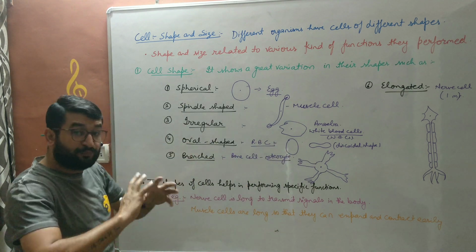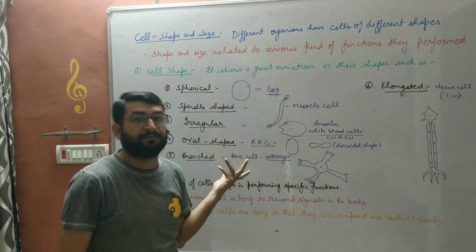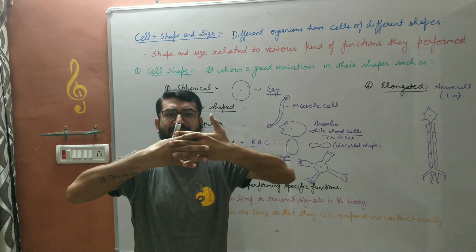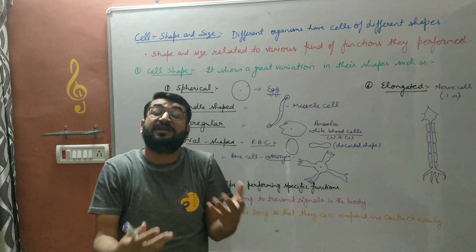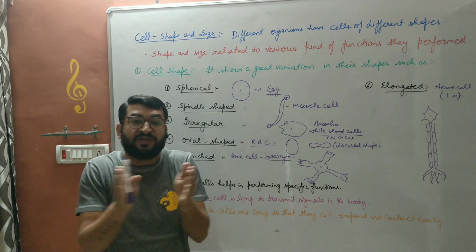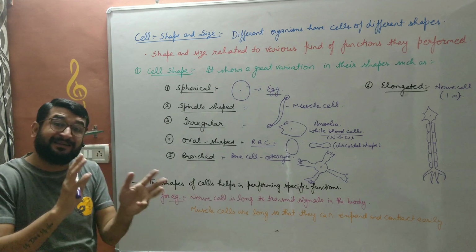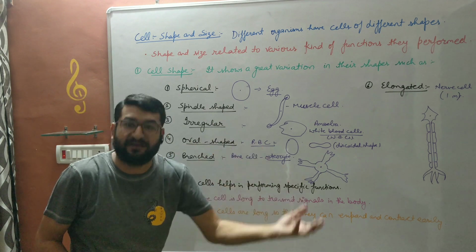So for the proper contraction and relaxation, the muscle cells are of spindle shape, so that their long fibers can be contracted like this and can be relaxed like this. This contraction and relaxation leads to an increase or decrease in the size of the muscle fiber, and by this increase and decrease, the bones are pulled closer or pushed away.